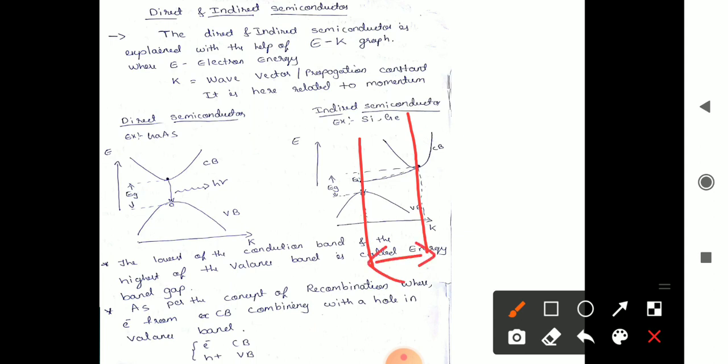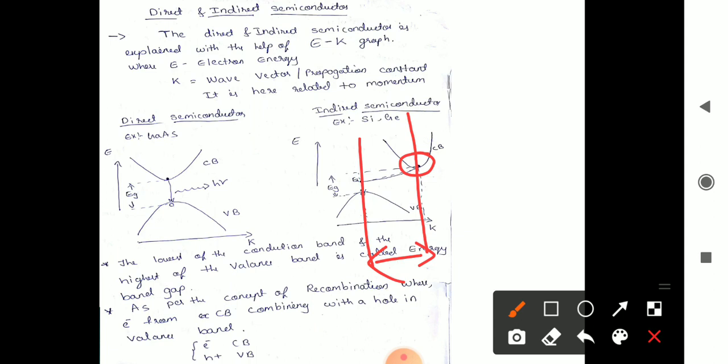So for that reason, the electron loses momentum by interacting with the phonon. Phonon is nothing but a vibration in the crystal.